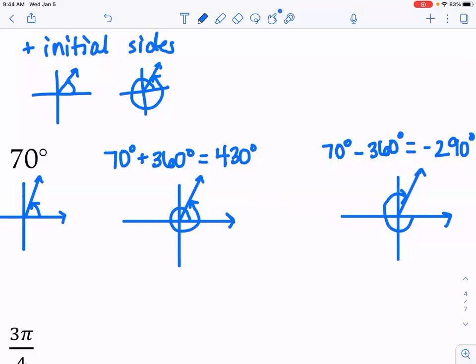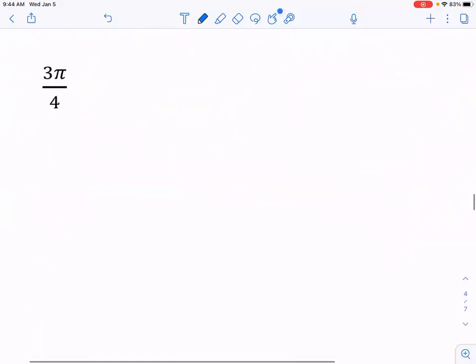Now we have to talk about radians. Go ahead and plot where you think 3 pi over 4 should be on your coordinate plane. Plot the angle 3 pi over 4. Check in with your neighbor to see how they do it.